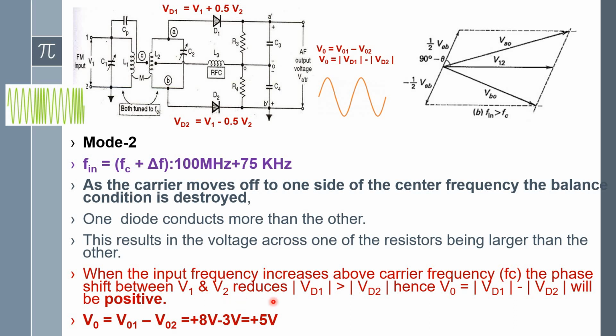So here VD1 is greater than VD2, hence the resultant output, I consider as plus 8 and minus 3, is positive voltage. So this is the operation if you are applying an input frequency signal above the carrier frequency.